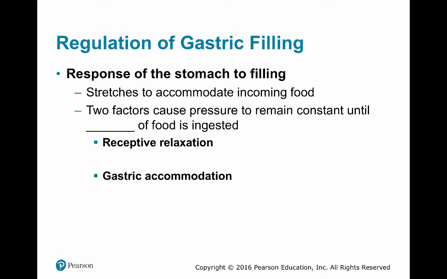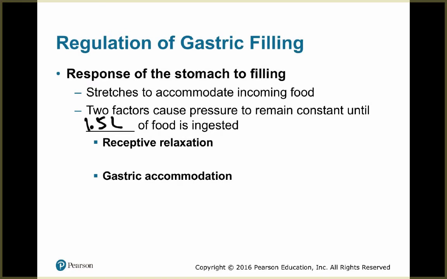And there are two factors that cause pressure to remain constant until we get 1.5 liters of food ingested. So you have receptive relaxation and you have gastric accommodation. Receptive relaxation is the idea that you can relax the stomach due to swallowing.